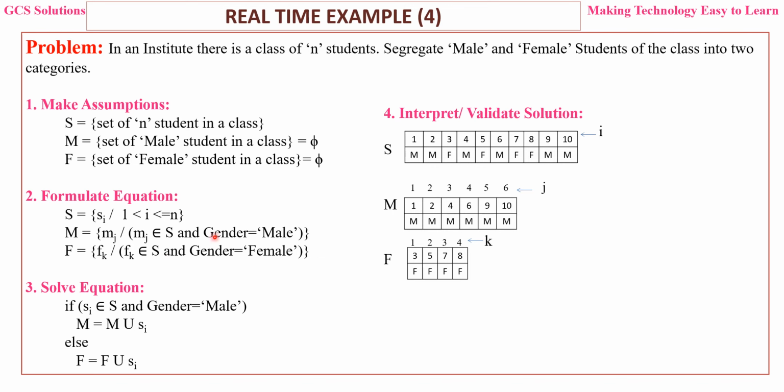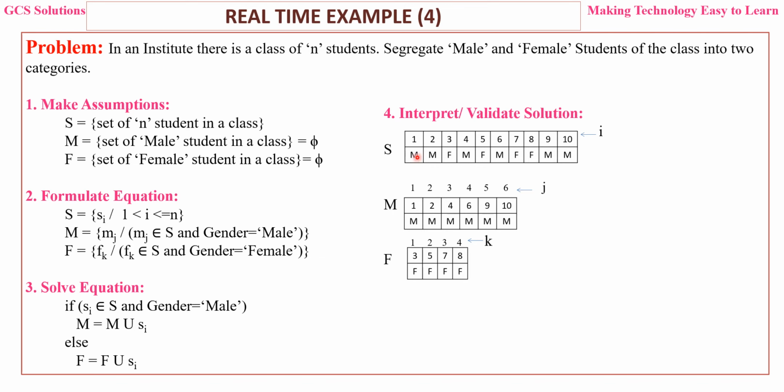Now to make you understand this, I have here the pictorial representation. S is my set with say n equal to 10. So my S1 is a student with male gender, S2 is a student with male gender, S3 is a student with the female gender. This way I have all 10 students present. What I have to do? I have to segregate this into a male set and a female set.